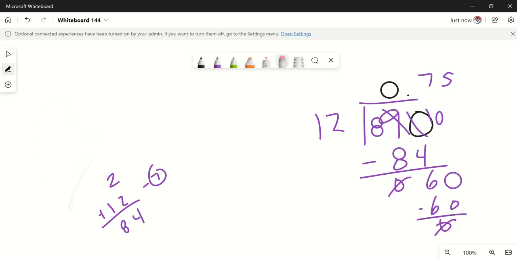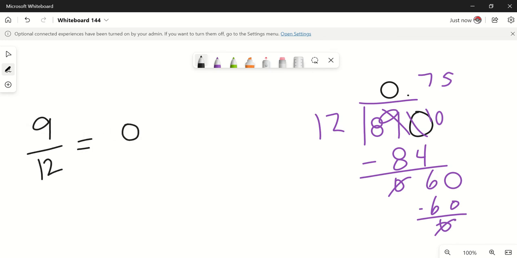Now, back to the original problem. 9 over 12 has become 0.75, or 75 hundredths. So this is how you convert a fraction into a decimal.